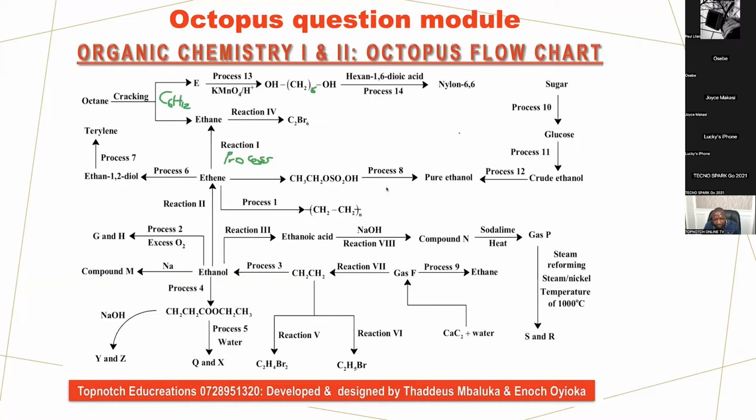Process 8 is hydrolysis, while fractional distillation is process 12. That's the keyword, hydrolysis.